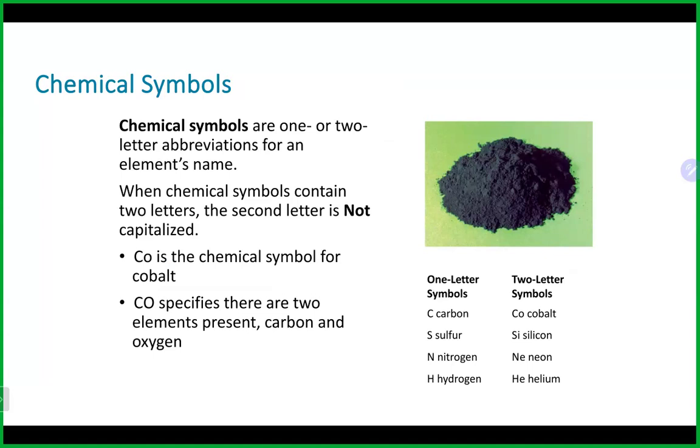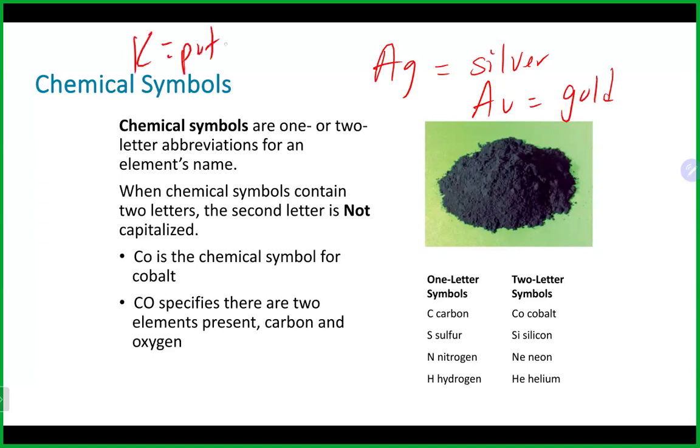Carbon, sulfur, nitrogen, neon, some other symbols that sometimes people have trouble with. Ag is silver, yeah. Au is gold, right? K is potassium, right?